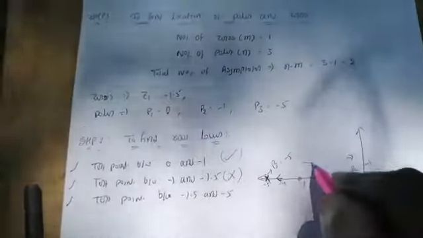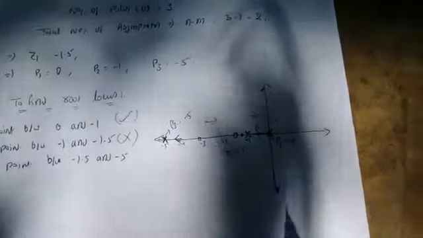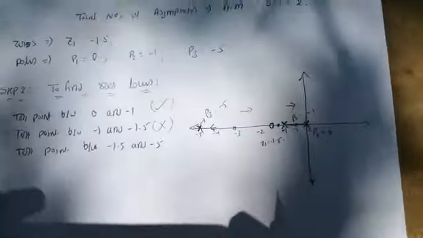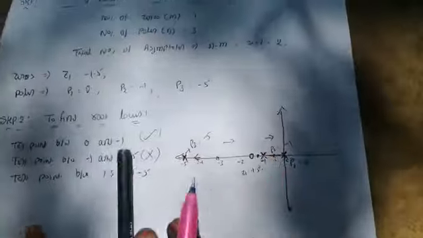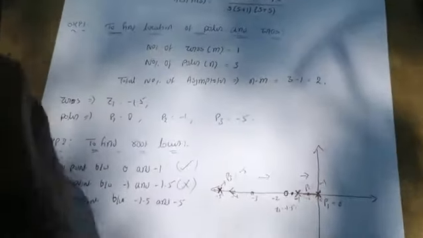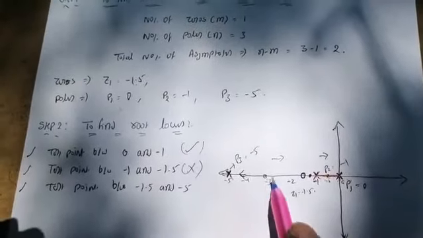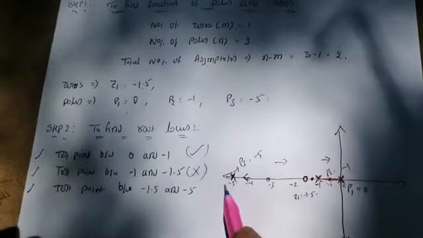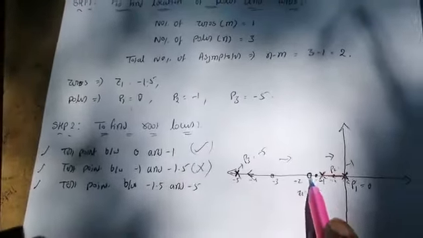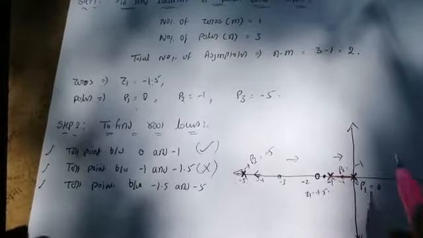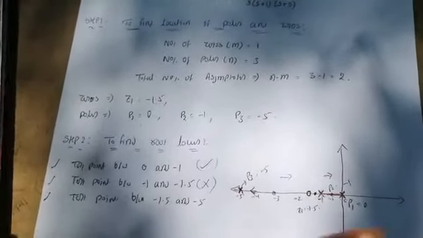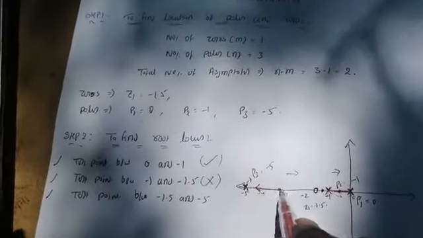When we look back to the right side, we have 1, 2, 3, and 3 is an odd number, so there is a chance to get the root locus between these two.